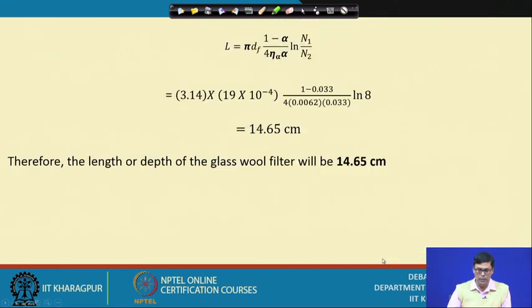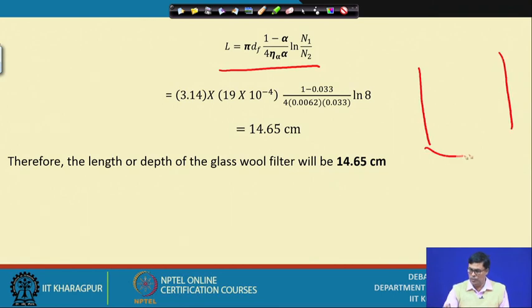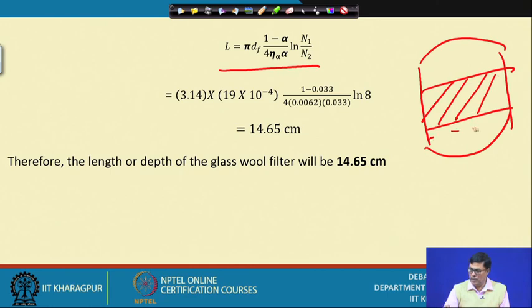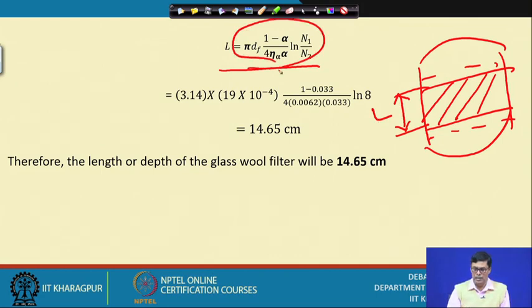Once we find out the single fiber efficiency, now we have the correlation of the single fiber efficiency and the length of the filter, because I was talking about this filter length. Am I right? This is the length of the filter that we have. We call it L. So L can be related with this. Here pi we know, diameter of the fiber we know, alpha, the solid fraction, we know, and eta alpha we know, N1 and N2 we know.